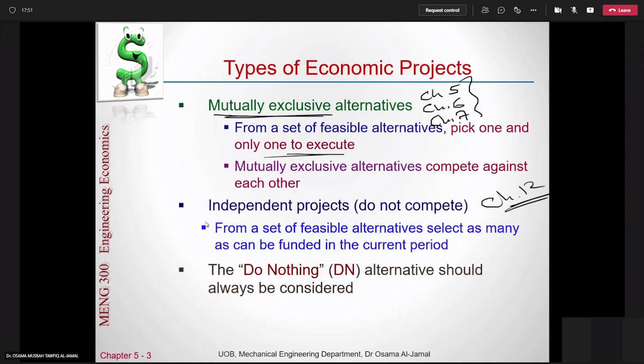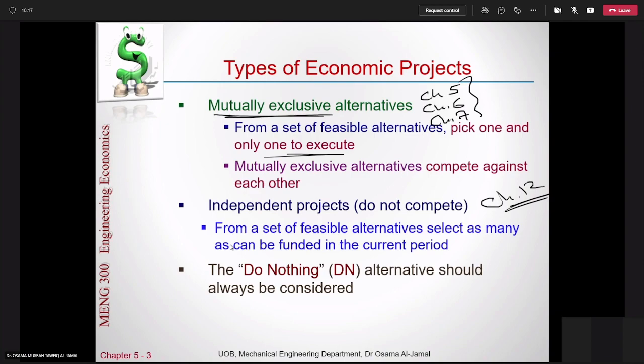Do nothing. Again, the do nothing alternative is repeated for both of them. So the do nothing alternative should always be considered, either for mutually exclusive or for independent projects. In both of them, you are going to spend money, either to invest in one project or to have a collection of alternatives.